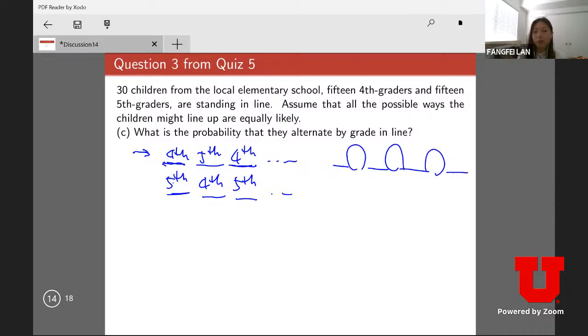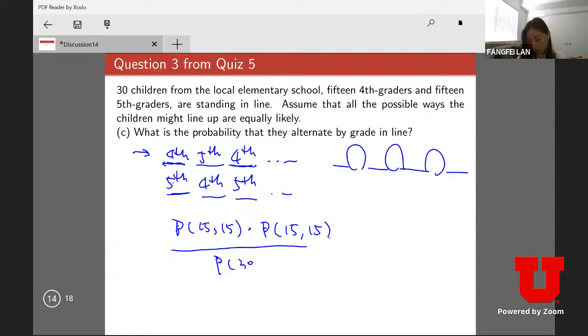So a fourth grader and a fifth grader cannot switch spaces, but a fourth grader and a fourth grader can, right? So that means it's still the same thing, right? Permutation 15, 15 for fourth graders, permutation 15, 15 for fifth graders, over 30, 30. So that is just one case.